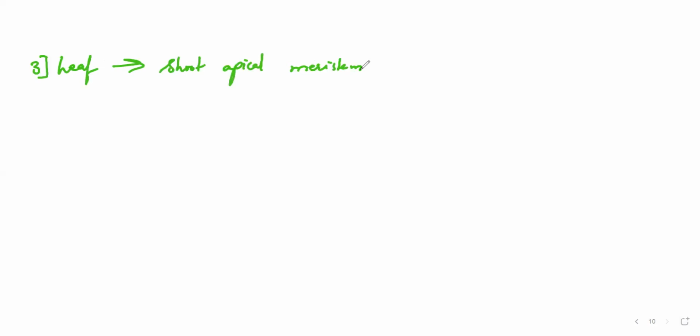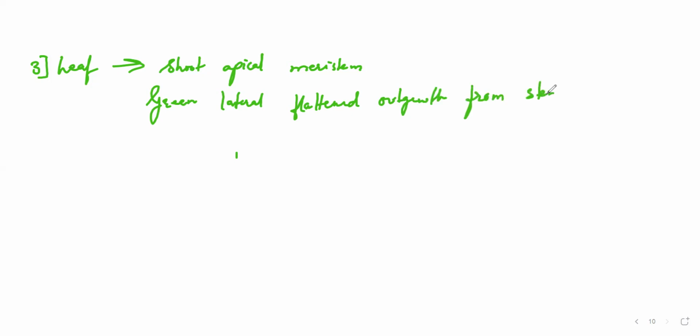Leaf is nothing but a green lateral flattened outgrowth from the stem node. And the main function is what? Photosynthesis.